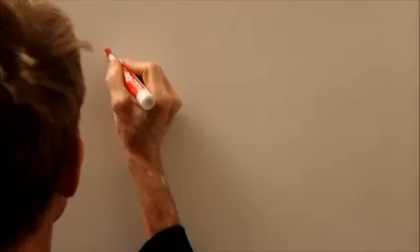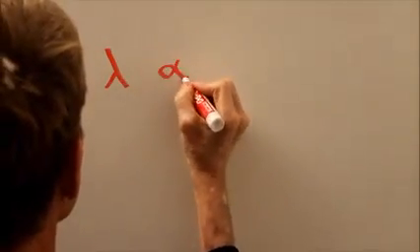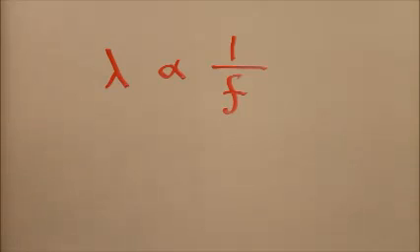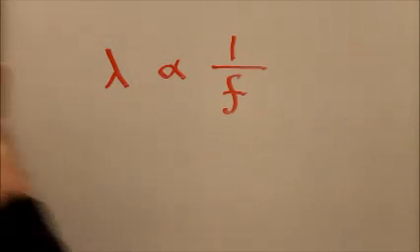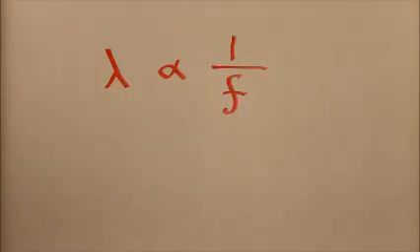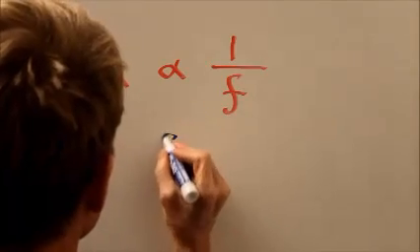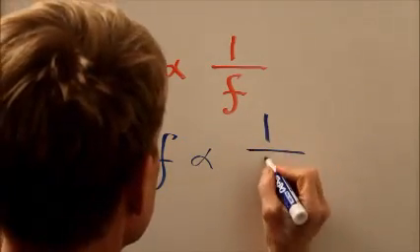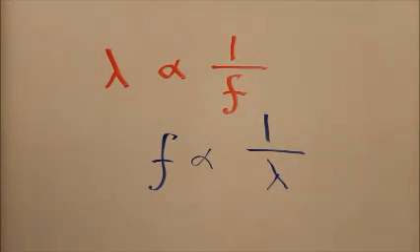All we need to know is that the wavelength is proportional to 1 over the frequency, that is to say, inversely proportional to the frequency, and the frequency is inversely proportional to the wavelength.